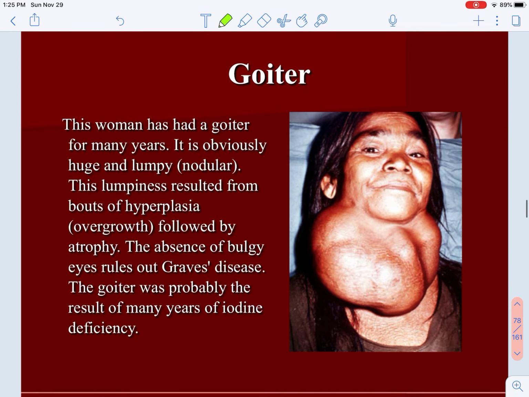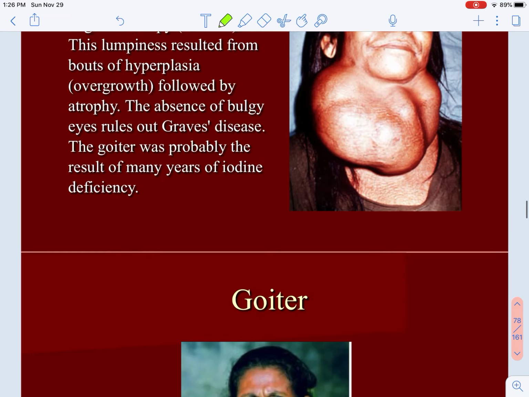So, an interesting thing: if you have an overproduction of thyroid, hyperthyroidism, the thyroid can swell, but also, interestingly enough, if it's underproducing with hypothyroidism, the thyroid stimulating hormone may keep saying, hey thyroid, make thyroxine, hey thyroid, make thyroxine, and stimulate it and swell it for that reason as well.